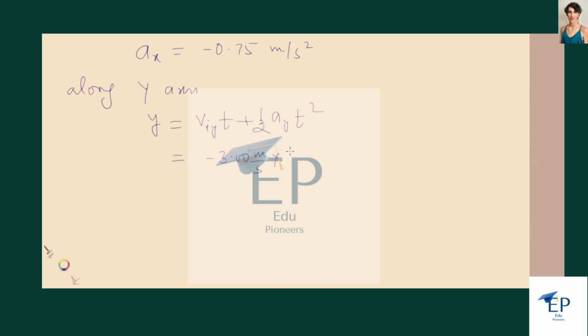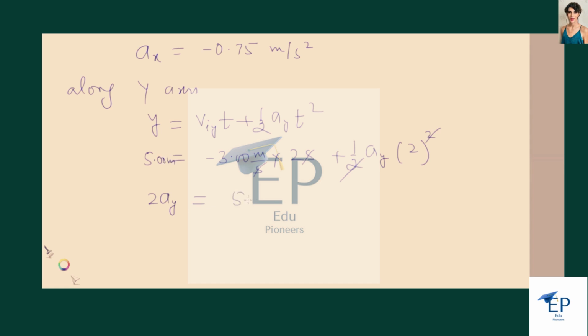For time, again, this is 2 seconds. Here the seconds will be cancelled, plus half ay, which is missing, and for time again 2. Cancelling this, finally 2ay is equal to, we know the value of y, which is 5.00 meter.